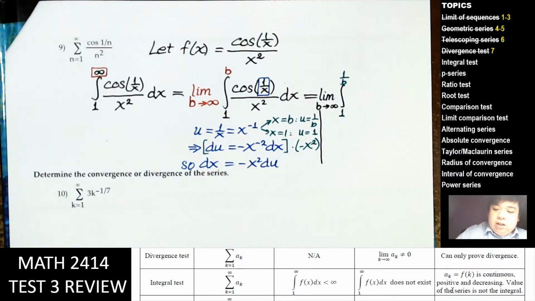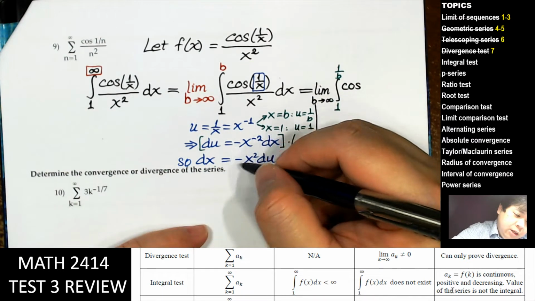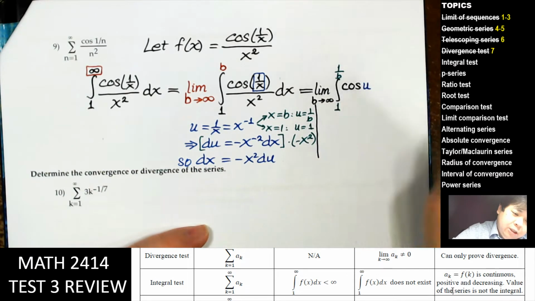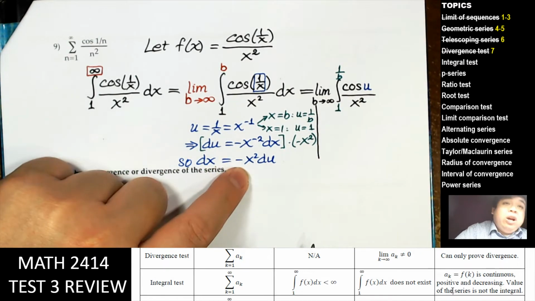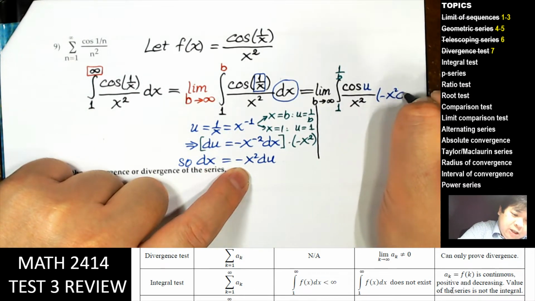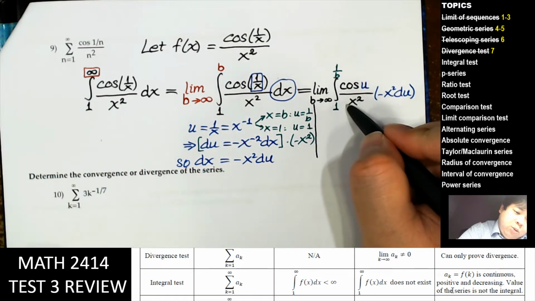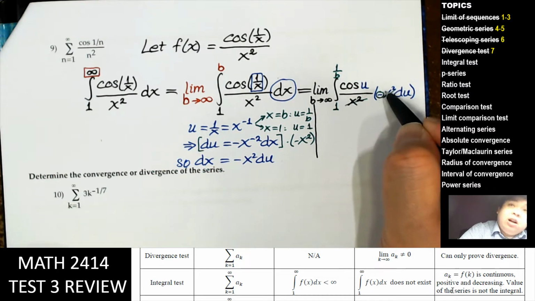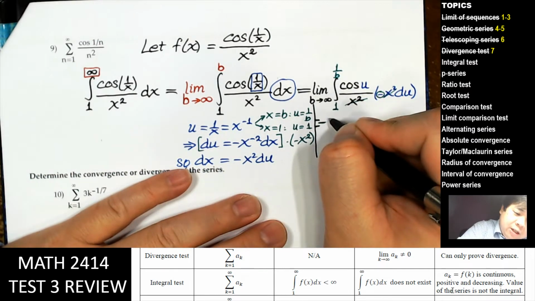So what we have here is cosine of u, still over x squared, but we have negative x squared du for dx. So substitute in for this dx by negative x squared du. The x squared cancel out. We still have the negative sign. We'll take our sign out of the integral.